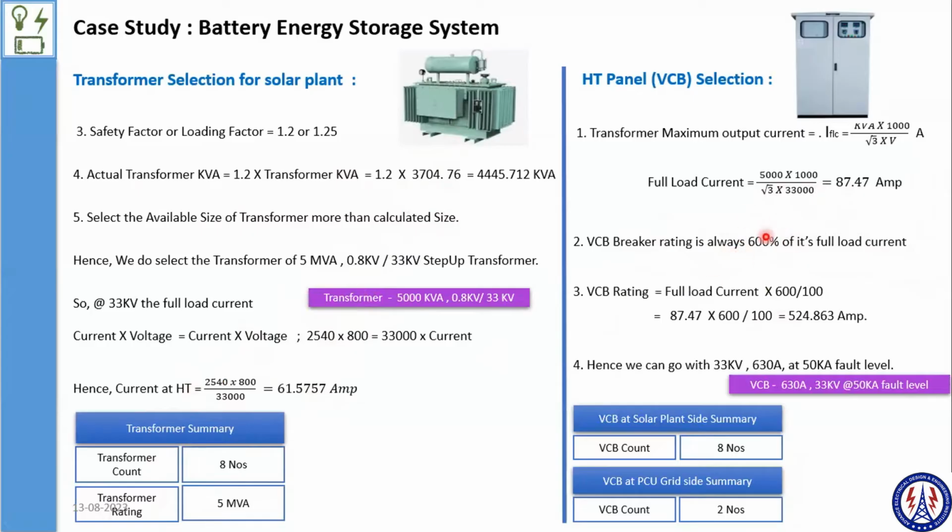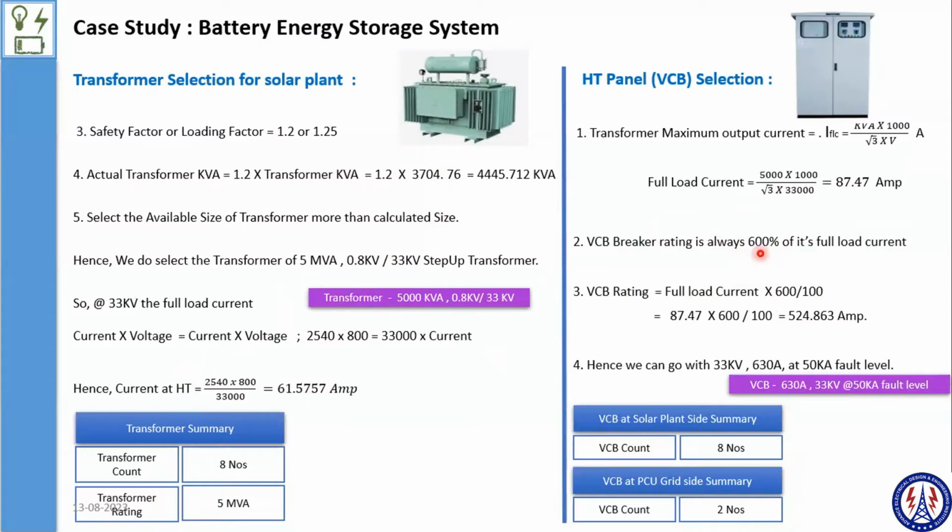I think lastly you asked this question, right? 600%. The point is, I found that this 600% is applicable on the low plant capacities, where the rating of VCB is not available. I mean, the lowest rating of the VCB is not available. That is why it comes to 600%.